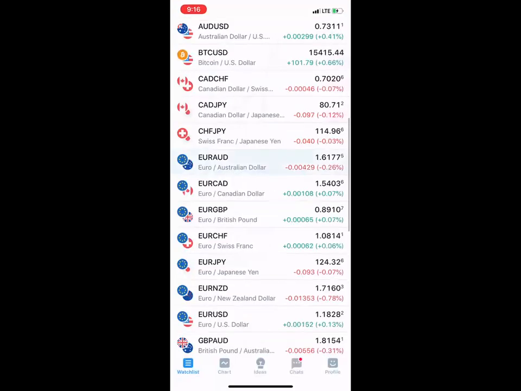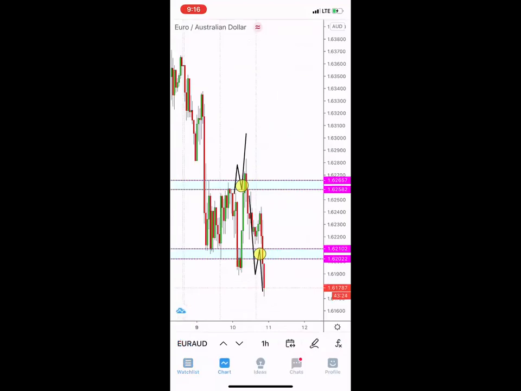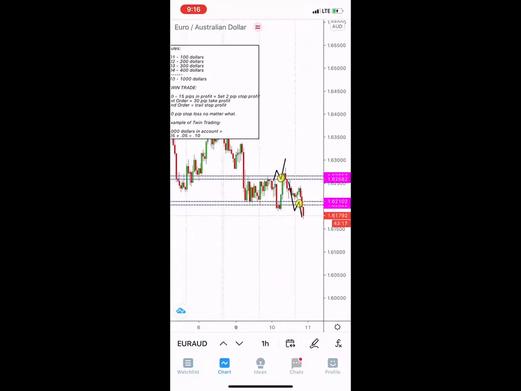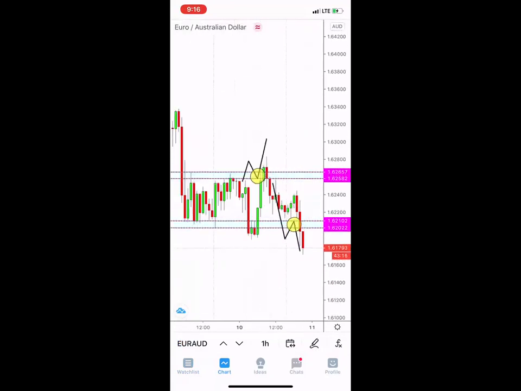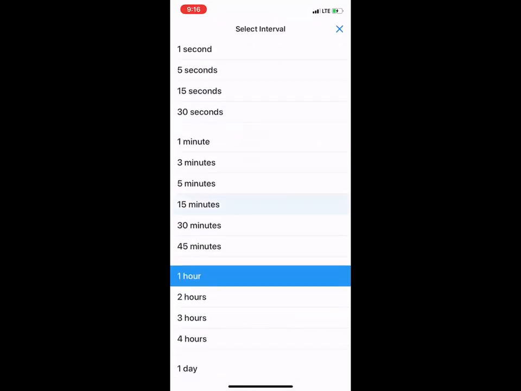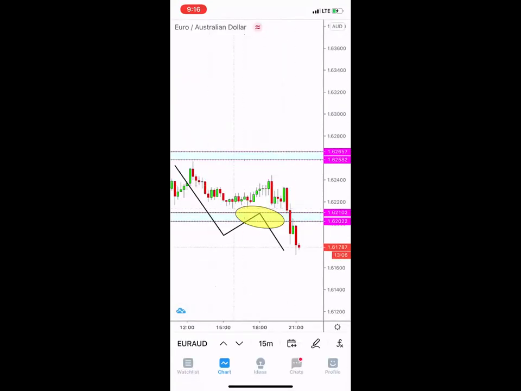Sweet. Moving on, we'll go to Euro Aussie. So for the euro to the Australian dollar, this was also sent out in the chats. And what we ended up seeing from this currency pair is a bit of a break. And honestly, it looks like there was a retest on the 15-minute. Let's see.